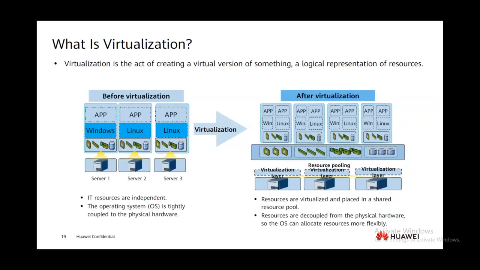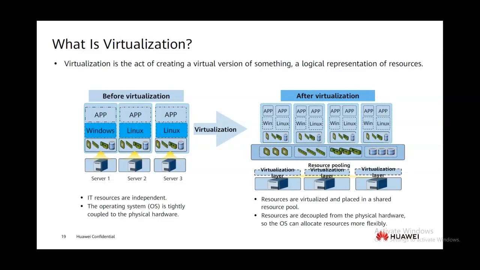And all the resources, if this is 2 gig, 2 gig, 2 gig, you can actually have 6 gig combined here, and then you can create virtual machines and install different operating systems, Linux, Windows, and then you can create more applications.